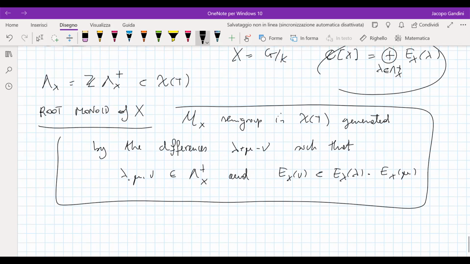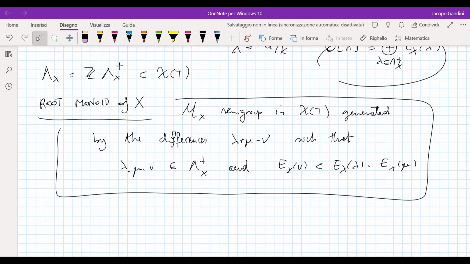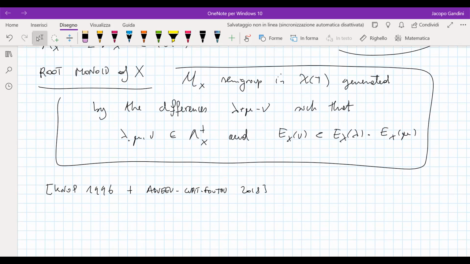Okay, so this is just the definition, and now the theorem. This is due to Knop in 96, and there is also some addendum due to Avdeev and Cupit-Foutou in 2018. I will combine something inside the Knop statement. The first statement is that this is a free monoid.